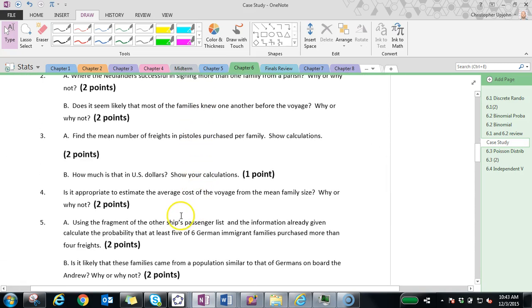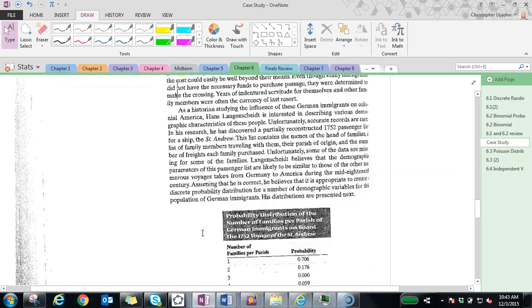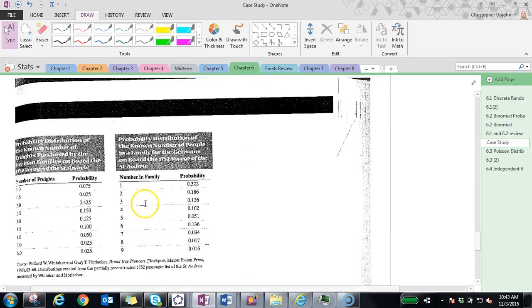Next, using the fragment of the other ship's passenger list. So we got another passenger list, and the information already given, calculate the probability that at least 5 of 6 German immigrant families purchased more than 4 freights. So first, we look at this chart and see the probability that we get more than 4 freights.